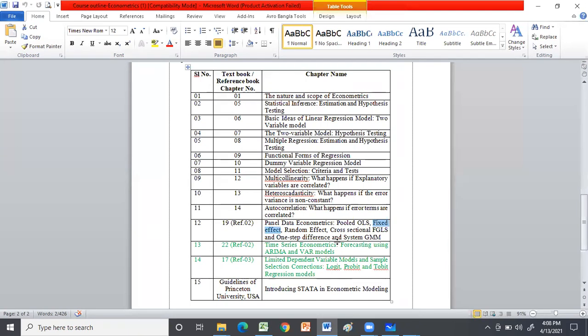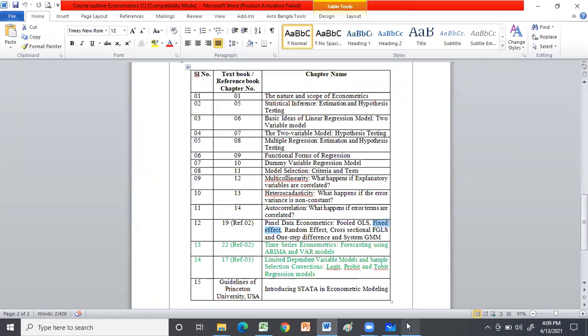Is the second assumption clear? Yes, sir. Variation within the entity is correlated with the explanatory variable of your regression model. These are the 2 basic assumptions of the fixed effect method.